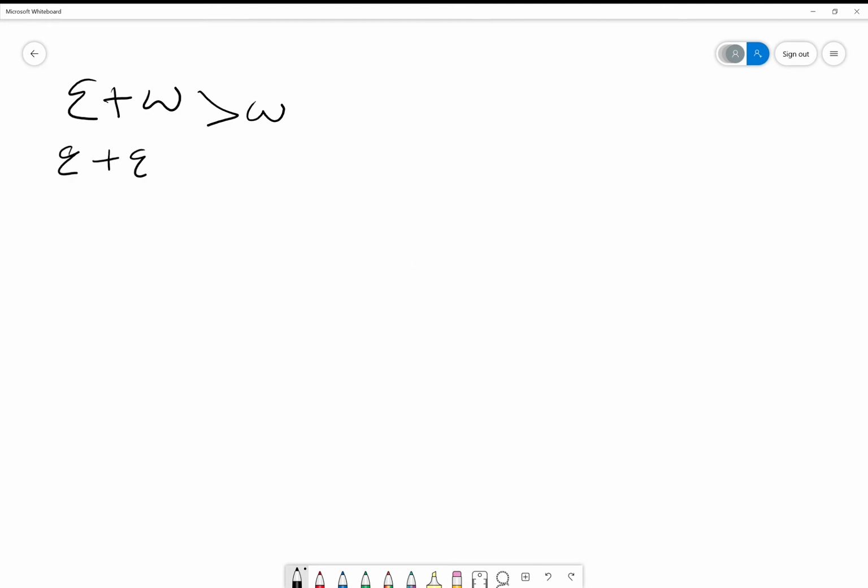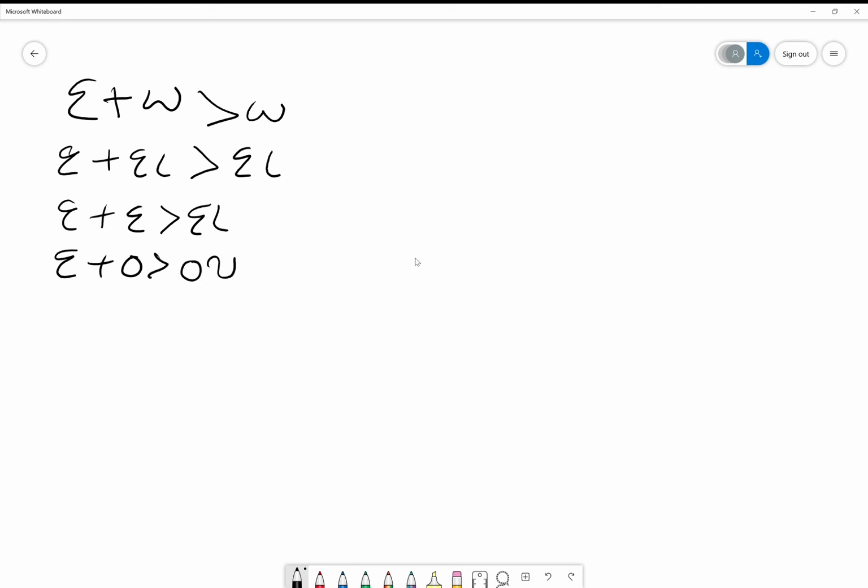Epsilon plus epsilon iota diphthong comes together as an epsilon iota. Epsilon plus epsilon also comes together as epsilon iota. Epsilon plus omicron is epsilon upsilon. And then epsilon plus omicron upsilon is omicron upsilon.